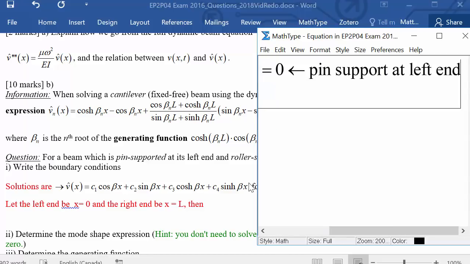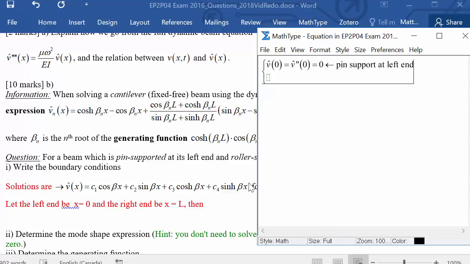Then just to give you a full view of that, we'll say here at the right end that it's roller supported. So what does roller supported mean? That's like a vertical slider, yeah? So being a vertical slider at the right end means it can go up and down. So the displacement is unknown, but the angle is fixed to 0, and so is the shear force.